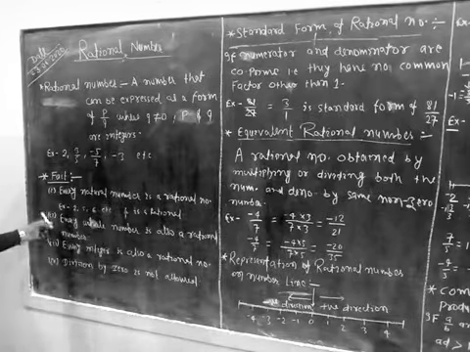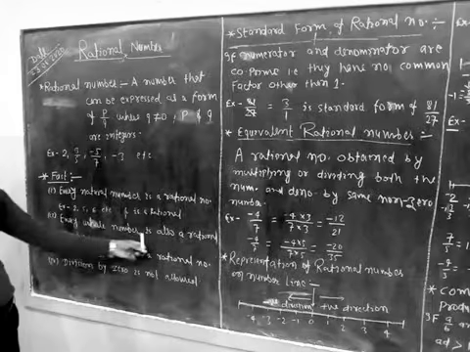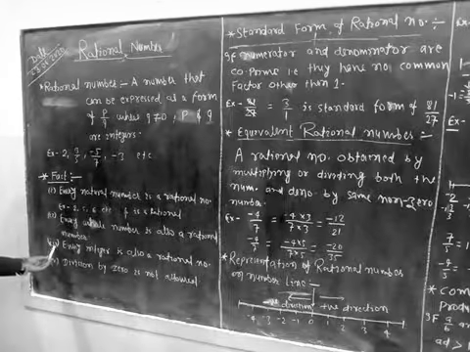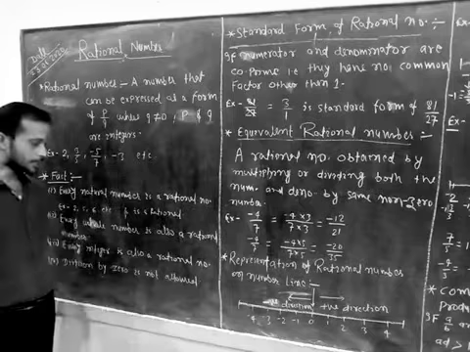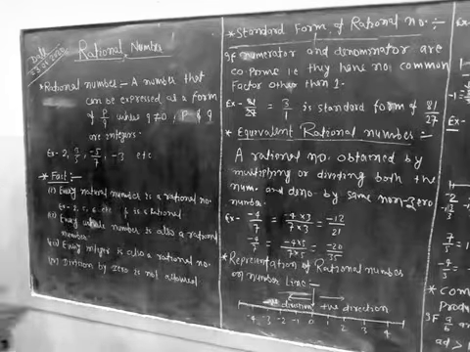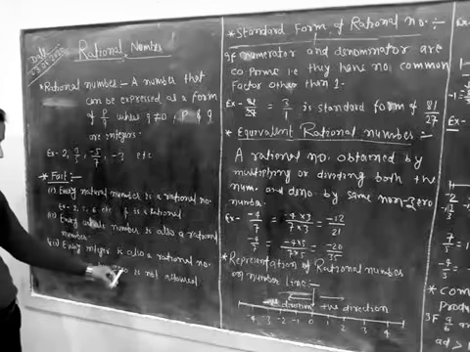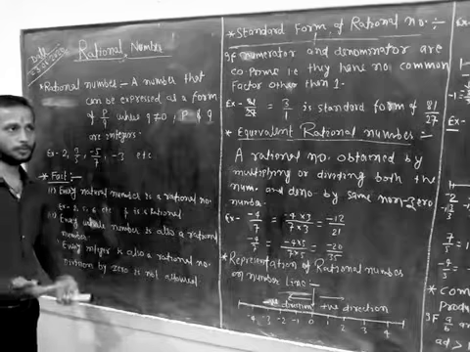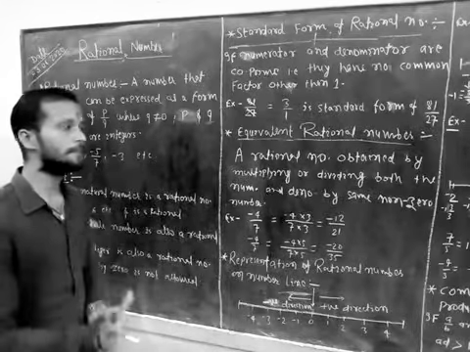Second, every whole number is also a rational number. Third, every integer is also a rational number, negative or positive. Fourth, division by 0 is not allowed, that means the denominator is never 0.